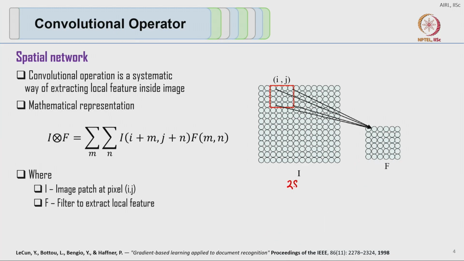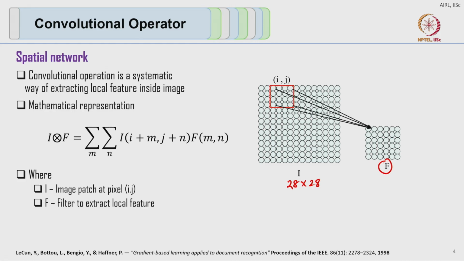I said it's going to be 28 cross 28 for a digit recognition problem, which means 28 rows and 28 columns. I am going to extract a local feature, that's my F, from the region which is marked in red. The size of the region could be m comma n.